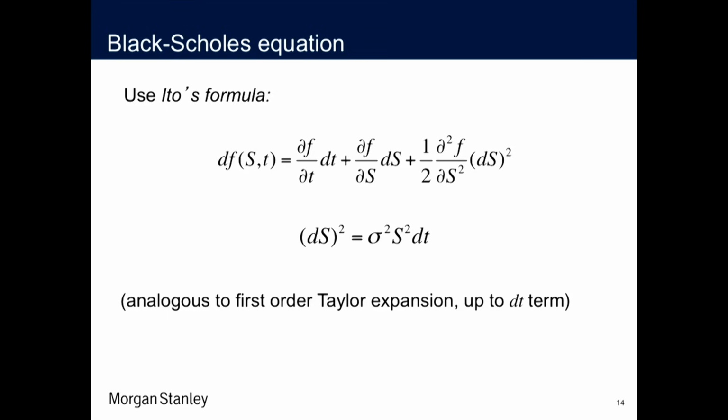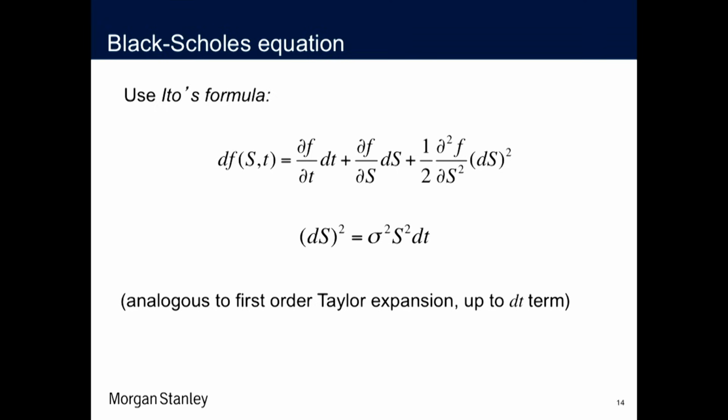Well, to do this, we'll need to use Ito's formula. Did you talk about Ito already? Okay, cool, that's great. Just to remind you, Ito's formula is nothing more than a Taylor rule, actually the first approximation up to dt. But because the standard deviation of the Brownian motion is on the scale of square root of t, we will need one more term there.